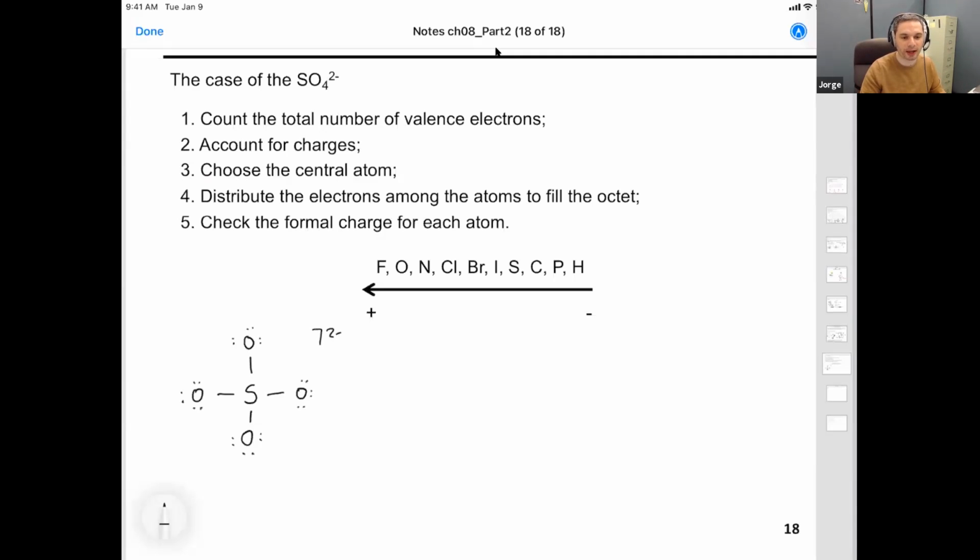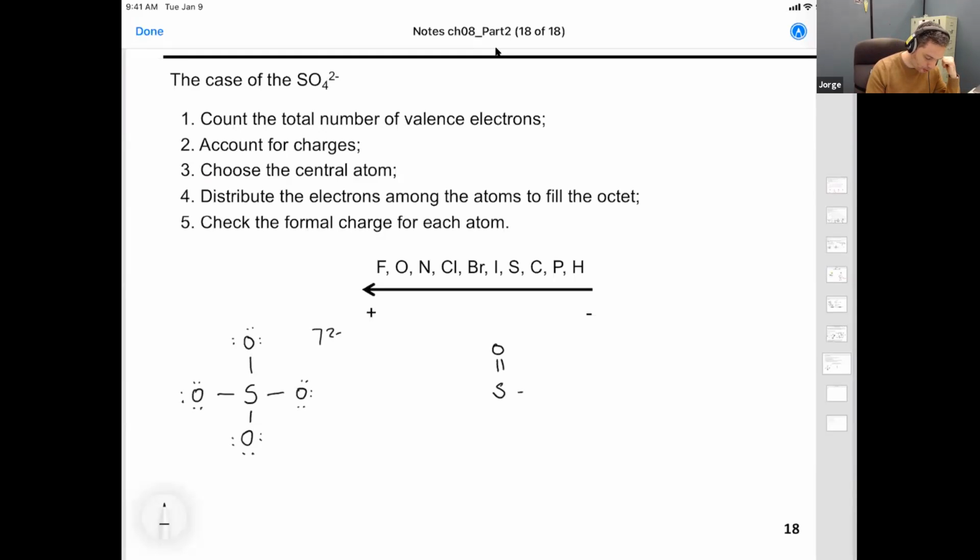So sulfur has 8 electrons in the valence shell, and all the oxygens have 8 as well. So apparently this would be a possible structure. We could come up with something like that.